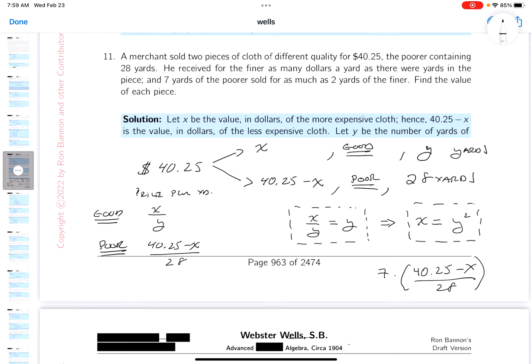7 yards of the poorer sold for as much as 2 yards of the finer. Well, I'm going to write that down. 2 times, what's the price for the finer one? That's X over Y, isn't it? I'm going to claim this is an important relationship.